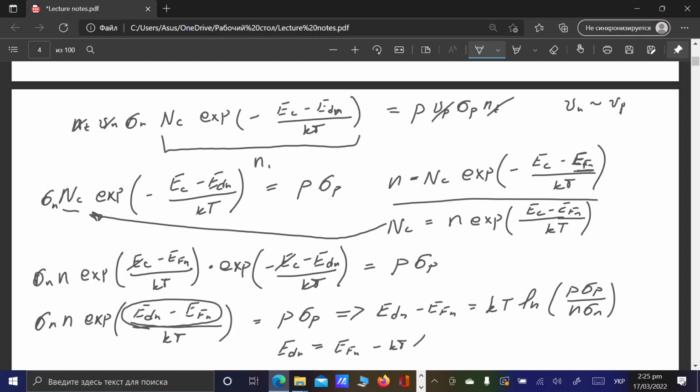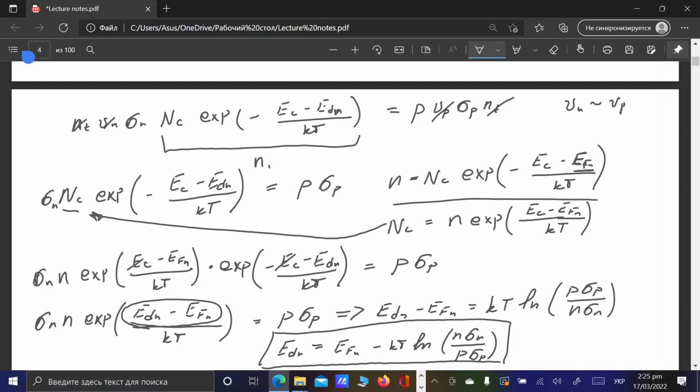We just flip the ratio over. It will be n times sigma n divided by P times sigma P. So this is the equation which gives us the position of the demarcation energy level for electrons with respect to the electron quasi-Fermi level.